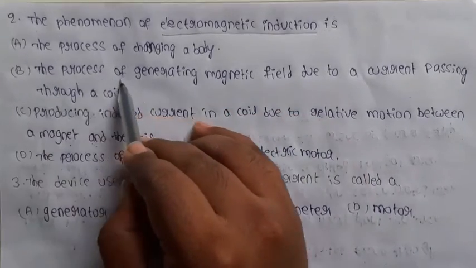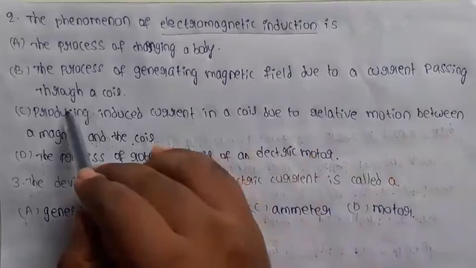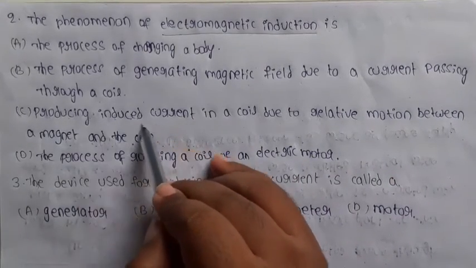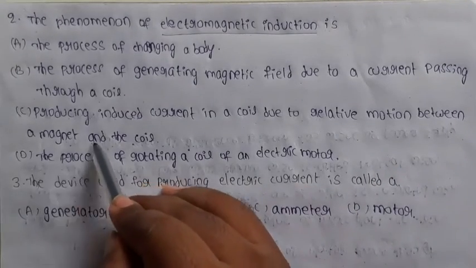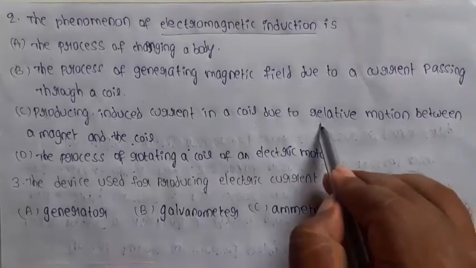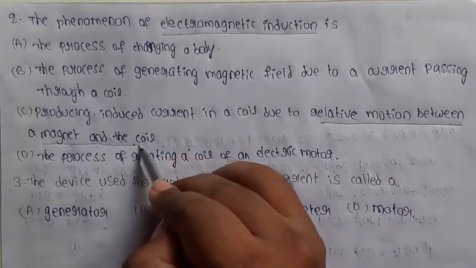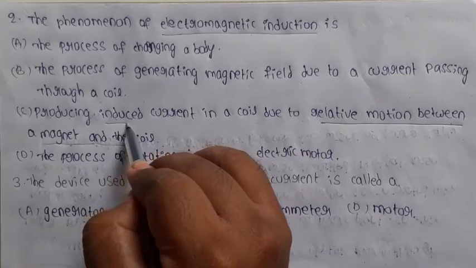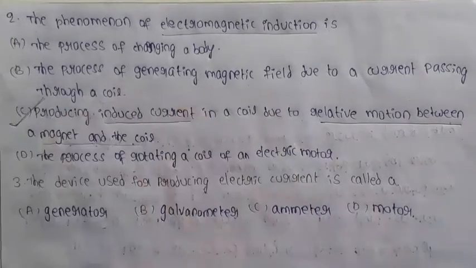Second option is the process of generating magnetic field due to a current passing through the coil. Option 3, producing induced current in a coil due to relative motion between magnet and coil. Here, due to the relative motion between magnet and coil, induced current is produced in the coil. So option C is correct.